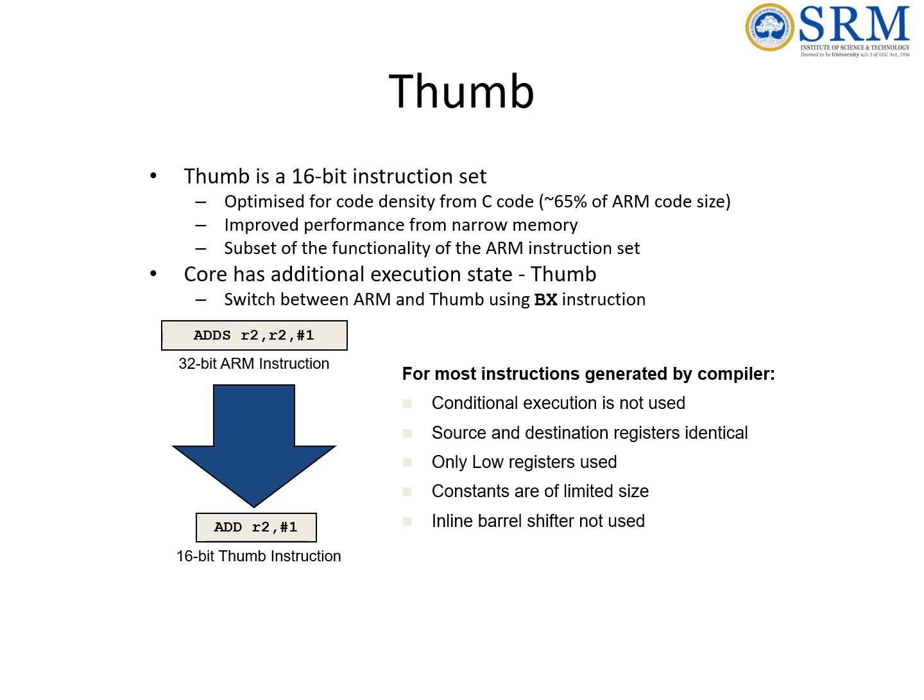Thumb is a 16-bit instruction set, unlike ARM, which is 32-bit, optimized for code density from C, with improved performance from narrow memory, a subset of the functionality of the ARM instruction set. The core has an additional execution state, thumb. For most instructions generated by the compiler, conditional execution is not used. Source and destination registers are identical. Only low registers are used. Constants are of limited size.